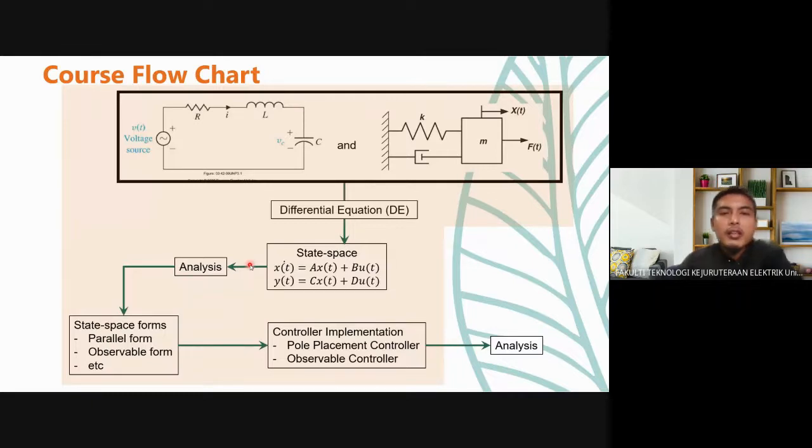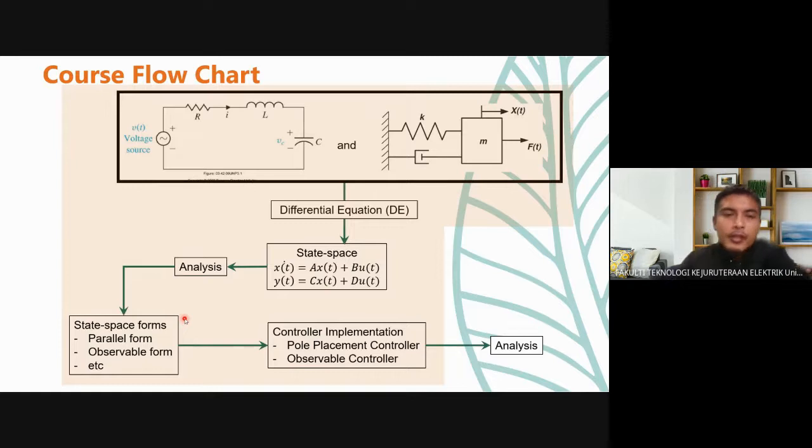And then last week, you converted the state space to a few different state space forms. However, I just highlighted how to convert the state space to phase variable form and also the observable canonical form. There are only two. The rest you just need to know.